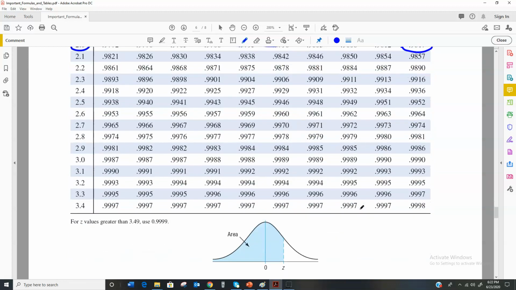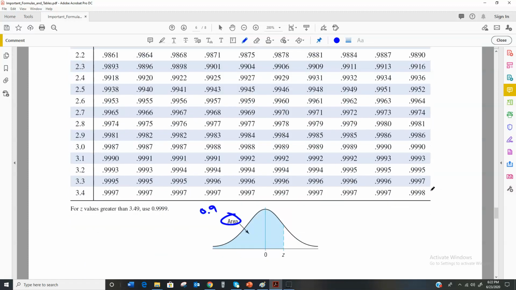This area right here is 9817, so 98.17% of all the area under the curve, because the whole area under is 1.